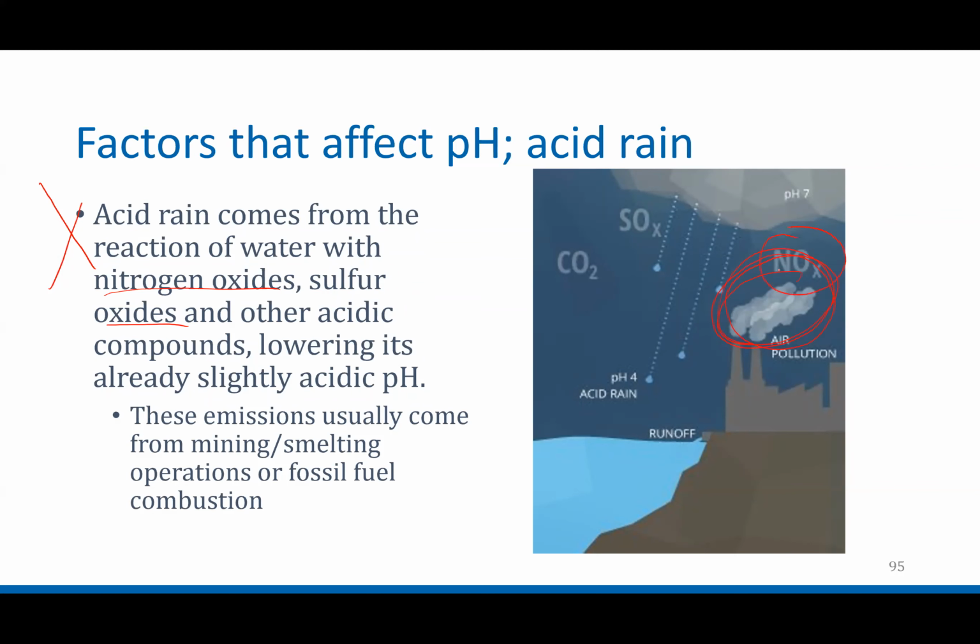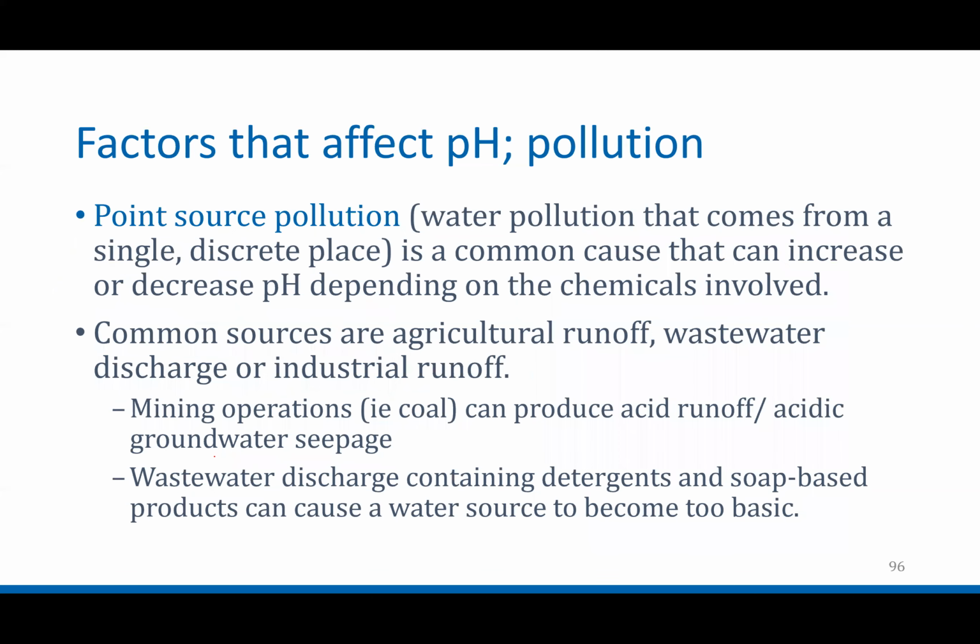So things like nitrogen oxides, sulfur oxides, carbon dioxide, these are typically byproducts of burning fossil fuels or from mining or smelting operations. So human operations, usually industrial. These put these chemicals into the atmosphere, they mix with the water, then we get acid rain.